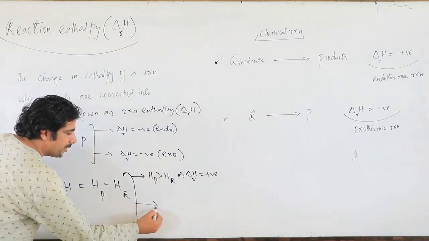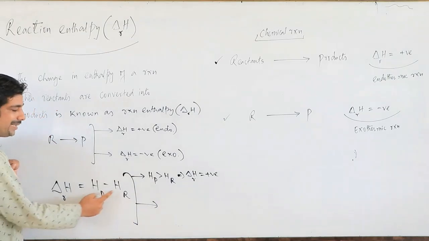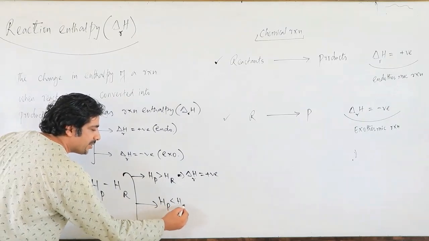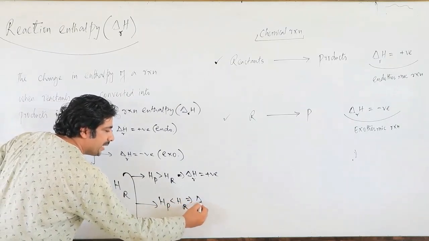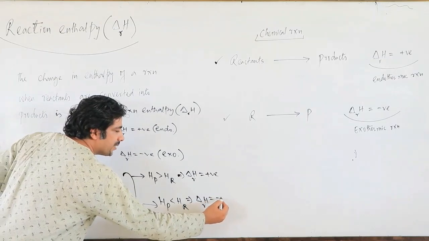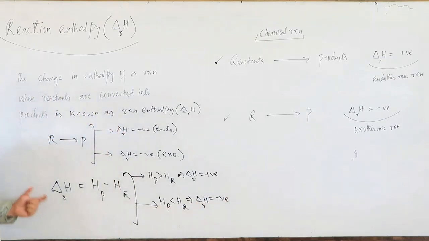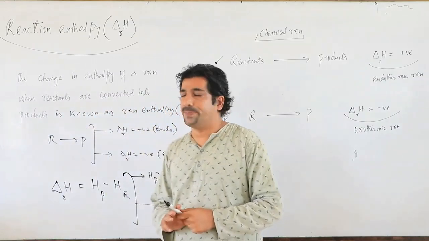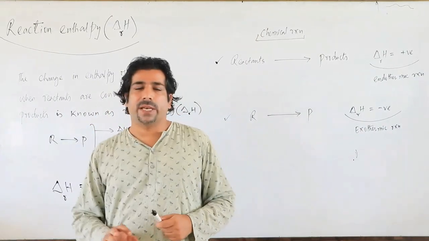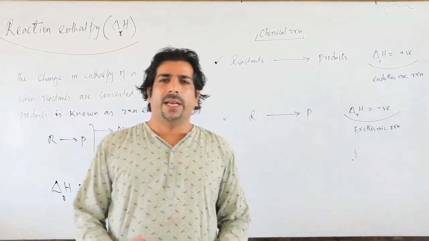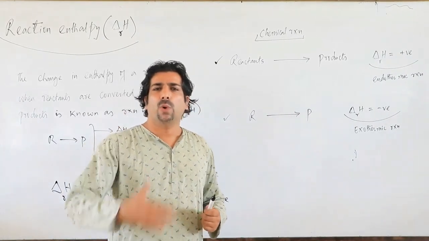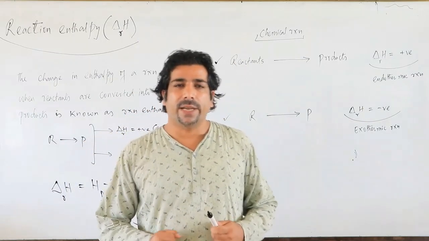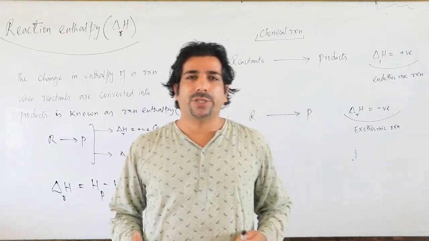Now second point, if enthalpy of product is less than enthalpy of reactant, that means HP is less than HR, then we have delta HR as negative, that is exothermic. So this was about the reaction enthalpy, how we write it down. But when the reactions become complicated, like the reactions in which we have more than one reactant or more than one product, at that time what we do, I am going to teach you after this.